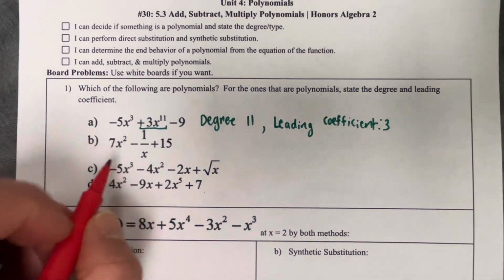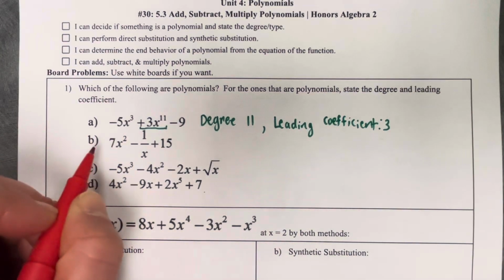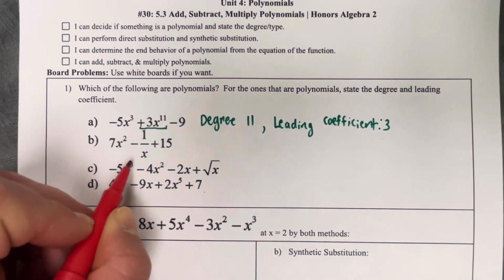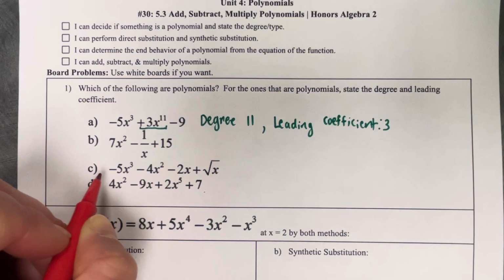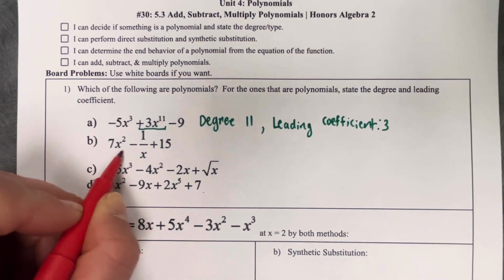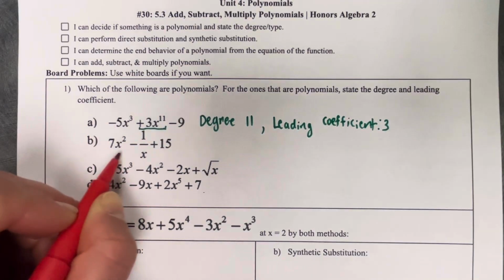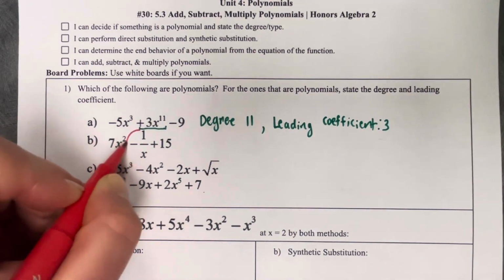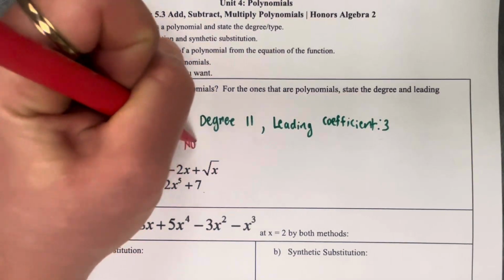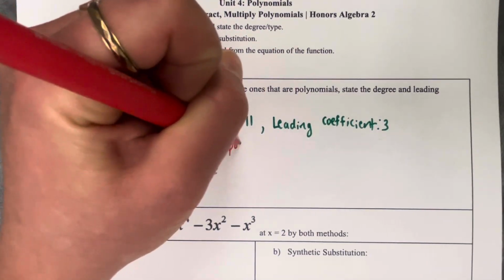B, let's see if it's a polynomial. So we want to find things that have x to some power, and all the powers have to be greater than or equal to 0. So if we look closely at this, x squared, well, that would be considered a polynomial. This term makes it not a polynomial. And let's think about why.